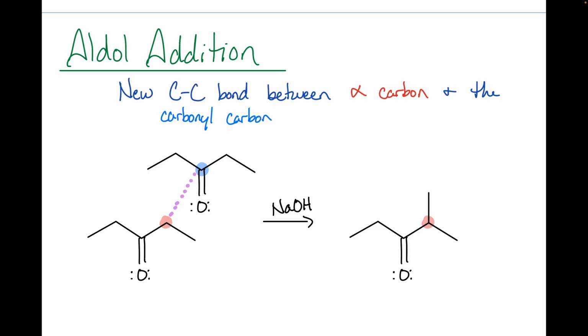What's going to live on the other side of that new bond? The carbonyl carbon of my other molecule. So if this is my new bond, what's on the other side must be that blue carbon, that carbonyl carbon of my neighboring molecule.